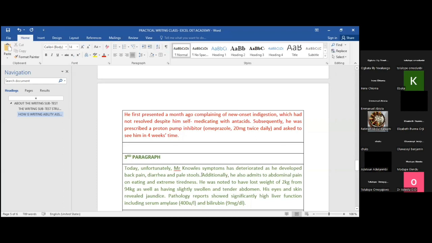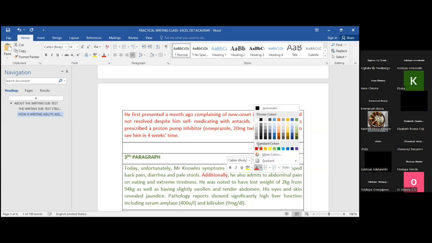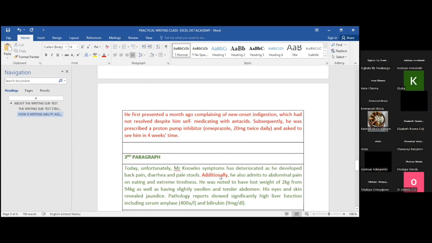And I used a connector. Connectors are very important in your writing. It's not like IELTS, where in every sentence you use consequently, subsequently, furthermore. No. But I used a very good connector here. I said additionally, so apart from these symptoms, I broke the list. Additionally, he also admits to abdominal pain on eating and extreme tiredness.